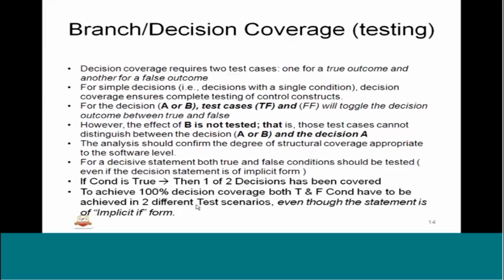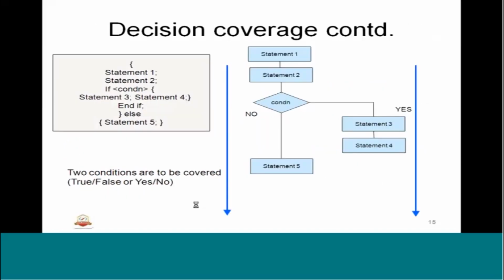Okay, so in the same example we see here, statements 1, 2 with condition yes will take us to statements 3 and 4, and condition no will take us to statement 5.